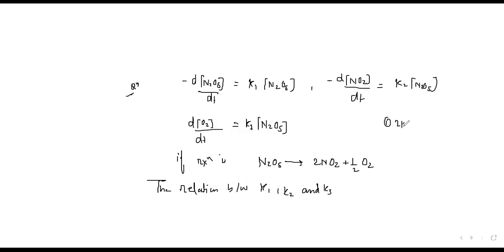First option: 2k1 is equal to k2 is equal to 4k3. Second option: k1 value is equal to k2 value is equal to k3 value. Third option: 2k1 value is equal to 4k2 value is equal to k3 value. D option is none. Please try once. I am giving you 5 minutes for solving this question. You have to confirm in the chat box.